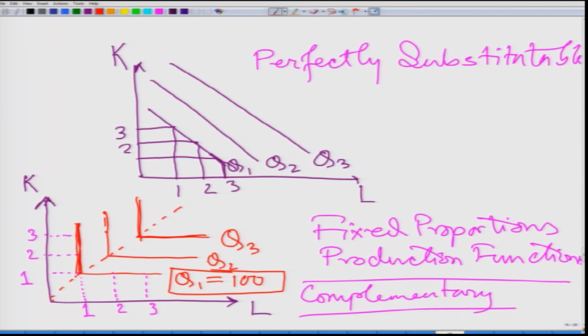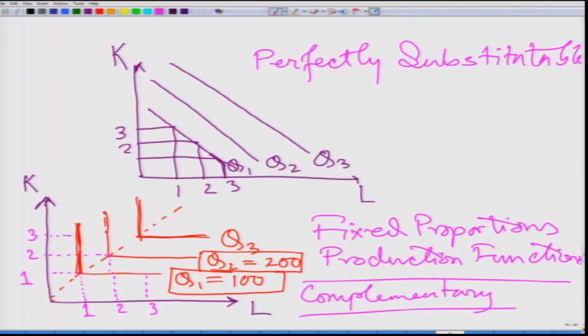Similarly, if I take this example for Q2 equal to say 200, here I observe that I need 2 labors and 2 X-ray machines, because with 1 labor I cannot manufacture more than 100, and with 1 X-ray machine I cannot manufacture more than 100.